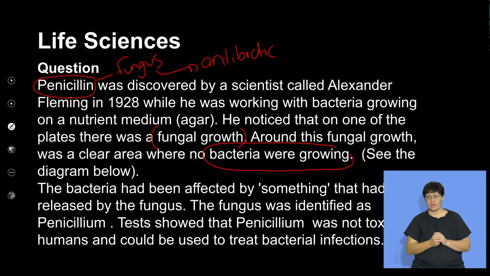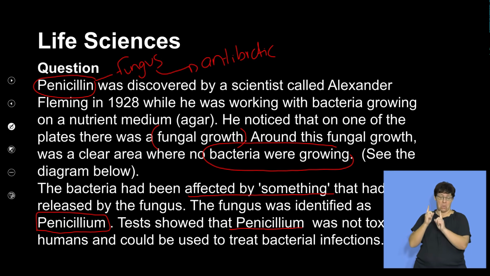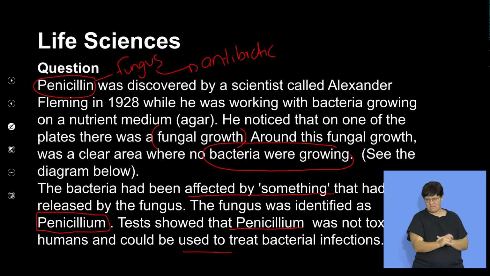The bacteria had been affected by something. Remember 1928, they weren't quite sure what this was. That had been released by the fungus. The fungus was identified as penicillium. Okay? Tests showed that penicillium was not toxic to humans. Some people are allergic, but most people it's okay and could be used to treat bacterial infections.